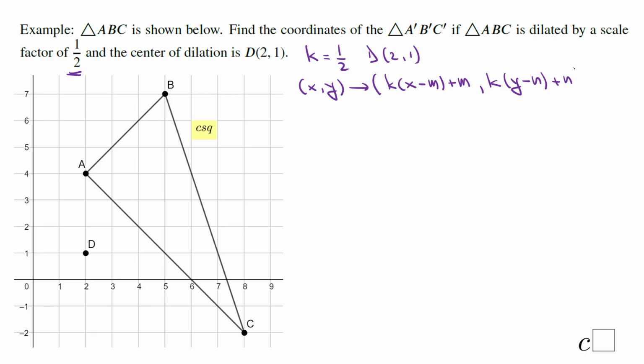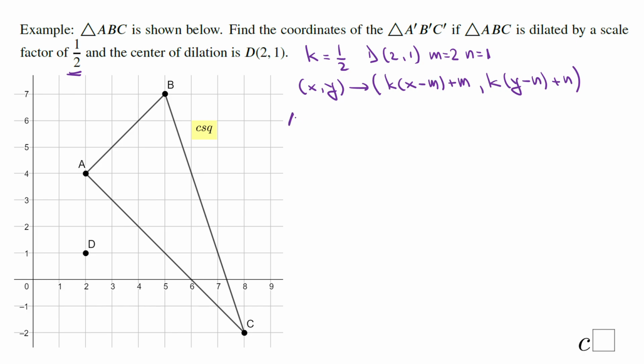So ladies and gentlemen, you notice we have K, which is the scale factor. What are these M and N? This M is 2, the x coordinate of the center of dilation, and N is nothing else than 1. So now we have everything we need to move on to get the points.